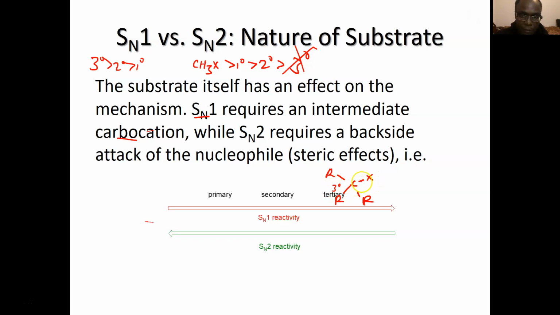So like this carbon bearing the leaving group, this leaving group could be something like Cl, Br, or iodine. So if the 3 carbons are bonded to a carbon bearing the leaving group, then once the Cl falls off, you're gonna get a tertiary carbocation, and tertiary carbocations are more stable than primaries. That's why tertiary substrates are preferred for SN1.